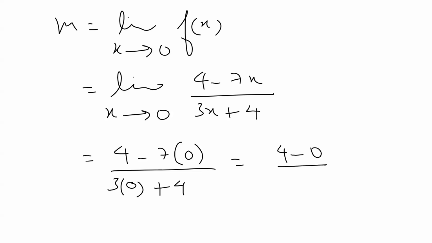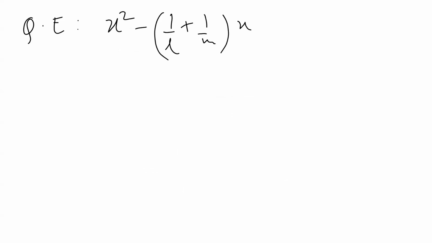So 4 minus 0 upon 0 plus 4. So this is 1. So we need to find out the quadratic equation whose roots are 1 upon L and 1 upon M. So quadratic equation, x square minus sum of the roots into x plus product of the roots. The roots are not L and M. The roots are 1 upon L and 1 upon M.